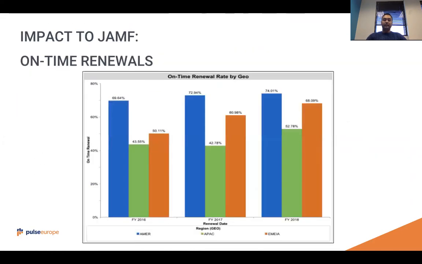So they tried this process in 2018, and you can see, in 2017 and 18, that the impact to Jamf, the first one that they measured, is on-time renewals. You can see that depending on the region, the on-time renewals has gone up consistently for each of the 3 regions over time, which obviously has a lot to do with how you're allowing your customers to self-serve, being very action-oriented, following up on reminders, and everything else that I just spoke about.